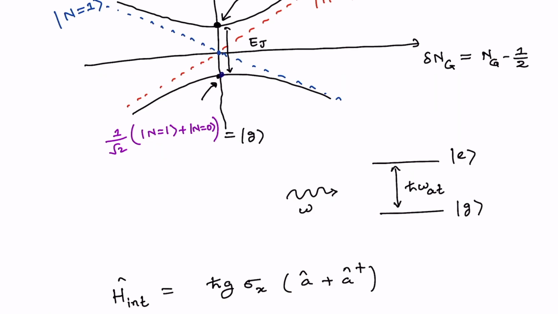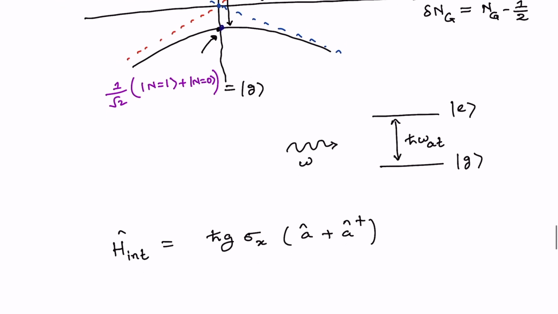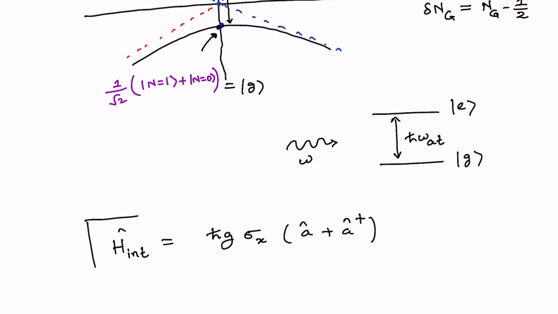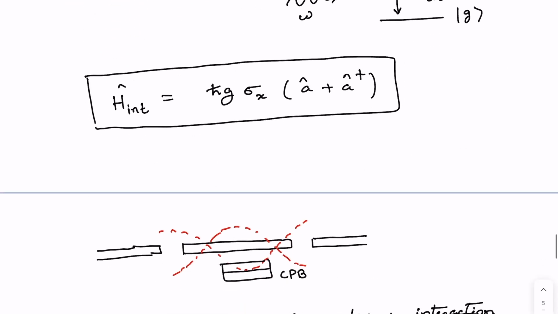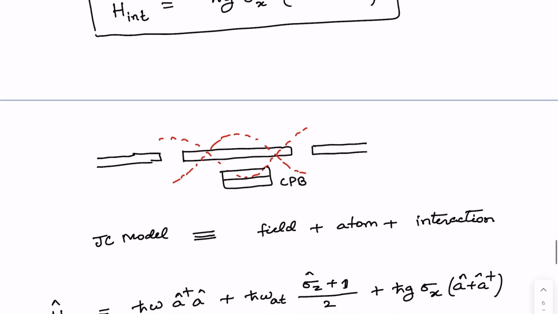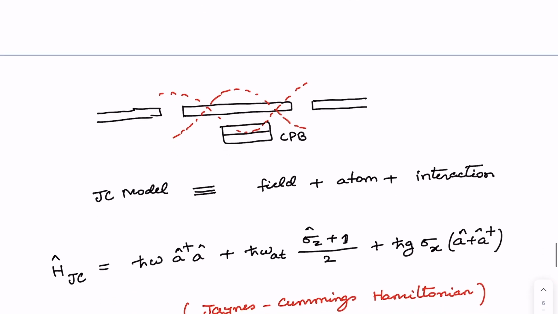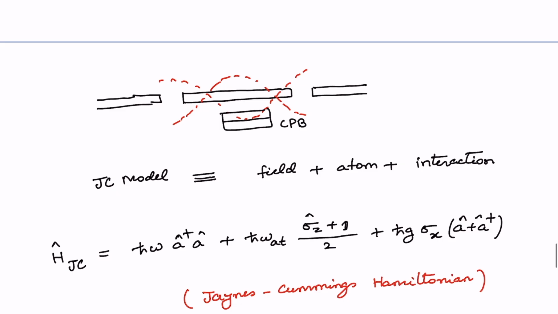Now, taking the excited state |e> and the ground state |g> as the basis states, this interaction Hamiltonian can be expressed in this particular form.